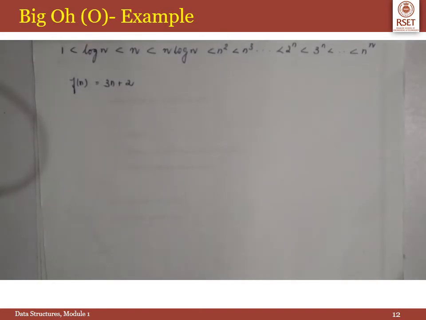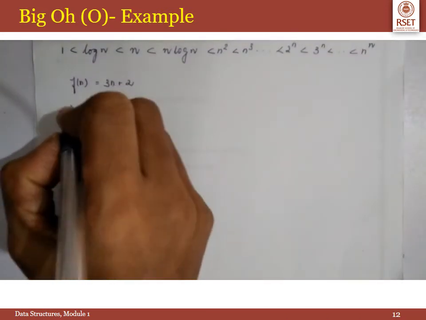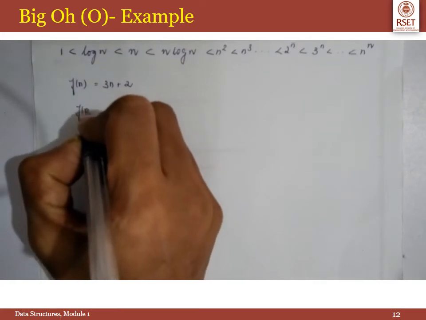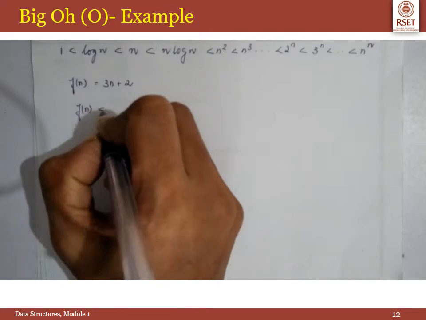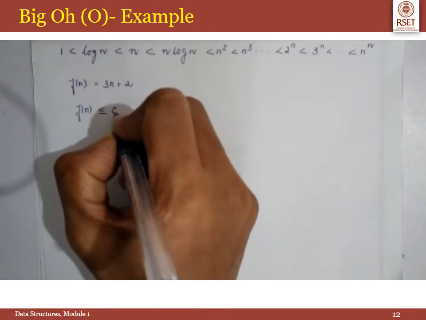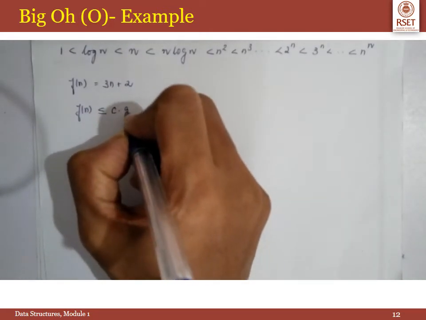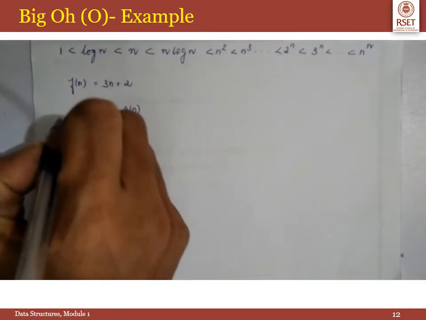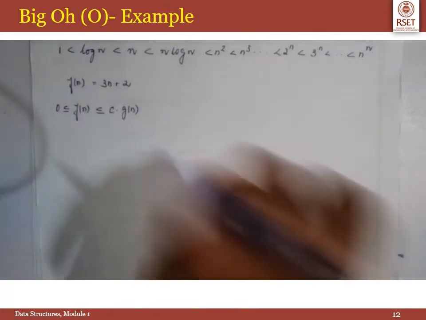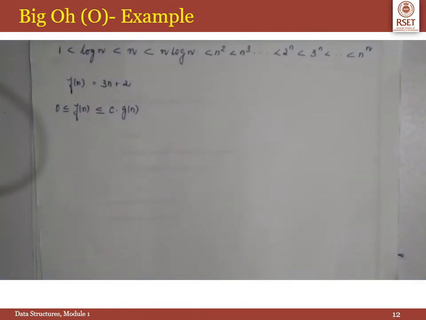So what is the equation? That is, f of n can be written as O of g of n provided there exists a positive constant c such that c times g(n) is greater than or equal to f(n), provided it is a positive function, right?